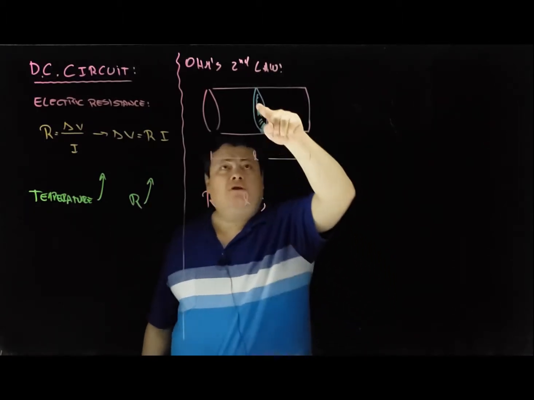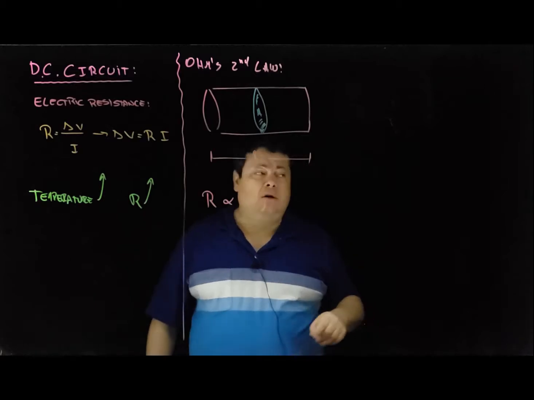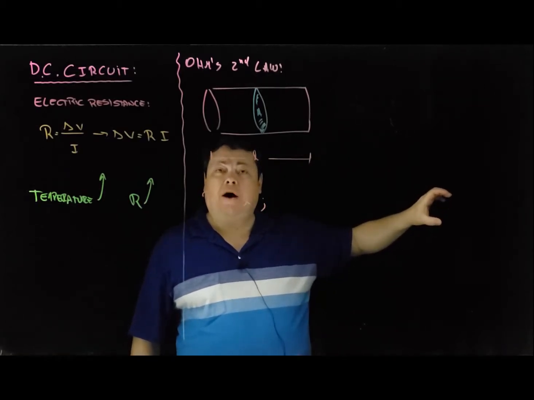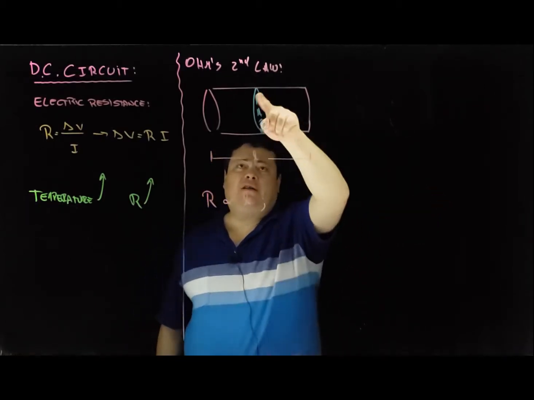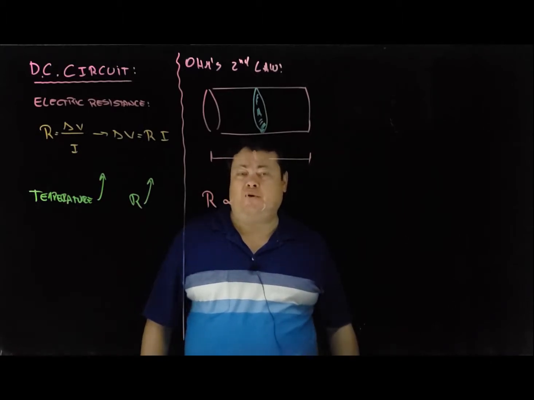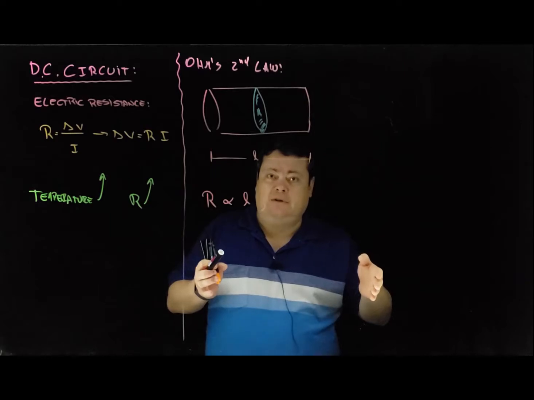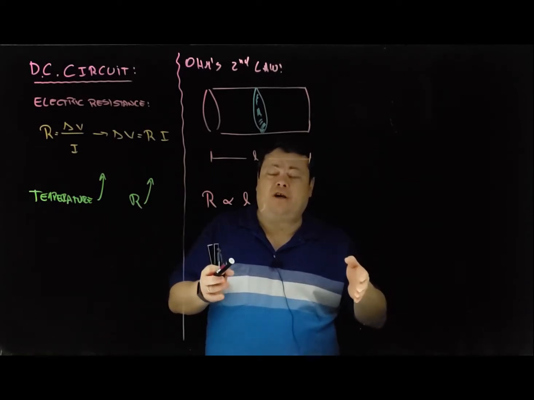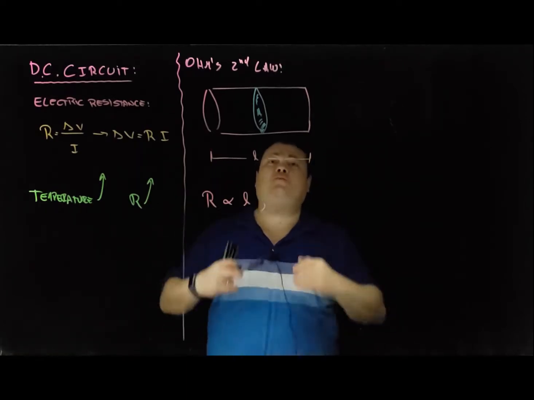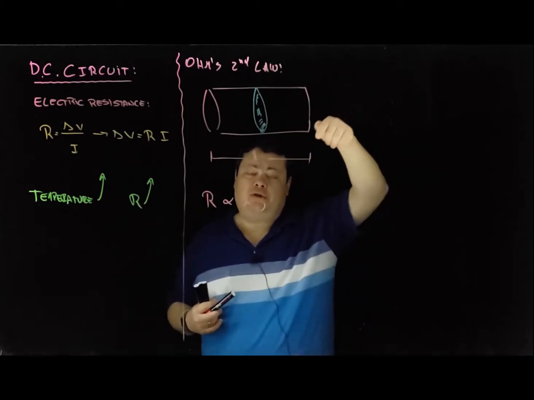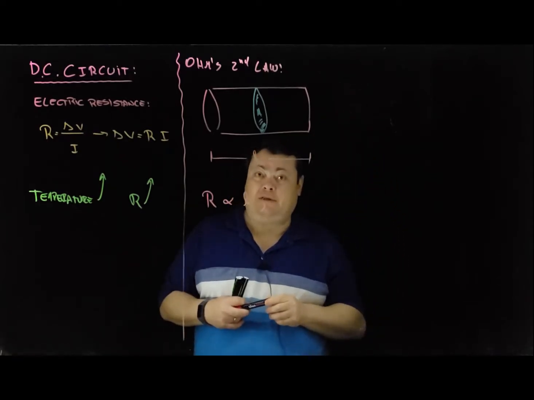Now, changing the cross-section area will change the thickness of the wire. I could reason that if I double the cross-section area, it is as if I was actually placing 2 wires side by side. So now my electric charge has twice the free space to go through, which will produce a decrease in electric resistance.